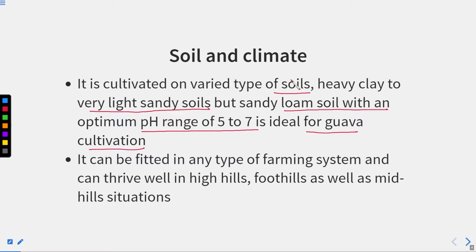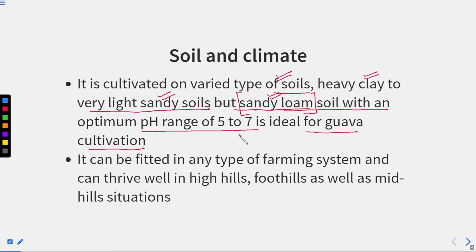So you can grow it in clay soil also, you can grow it in sandy soil also. But sandy loam is the best type of soil in which the guava can be grown.